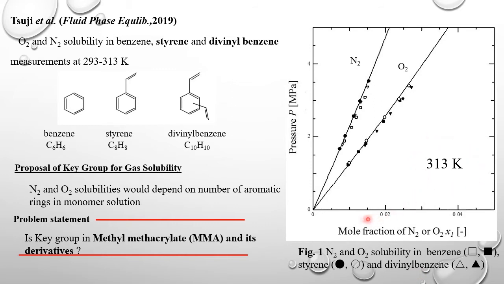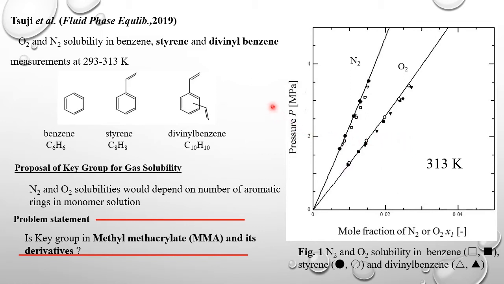From the figure, the x-axis is the mole fraction of nitrogen or oxygen and the y-axis is the pressure. For nitrogen solubility, the open square indicates benzene, the closed circle indicates styrene, and the open triangle indicates divinyl benzene. These three compounds' solubility is aligned on a straight line, and the oxygen solubility in these compounds also shows the same trend as nitrogen.